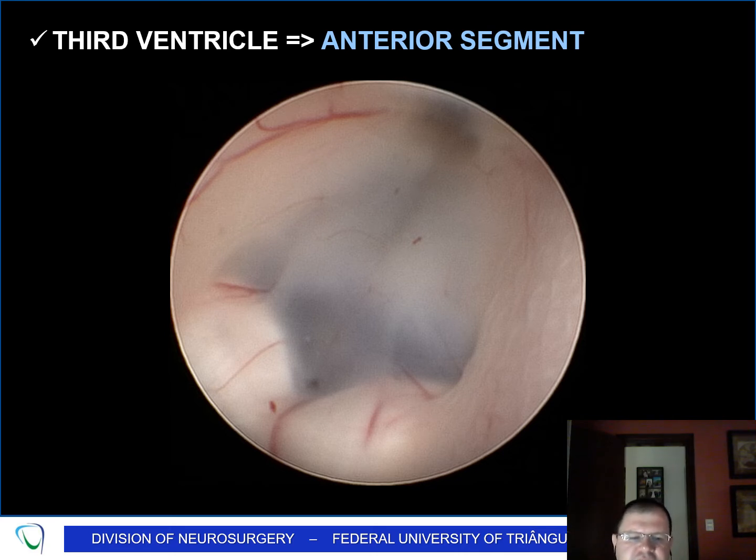We can see here the main structures: the mammillary bodies here and here, the tuber cinereum, a triangular membranous part, and laterally the hypothalamus on both sides. The more anterior part of this region is the infundibular recess here.